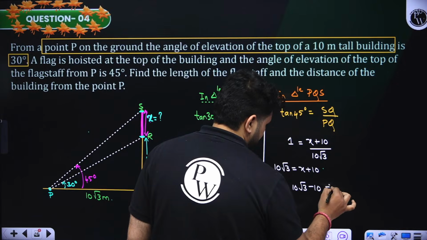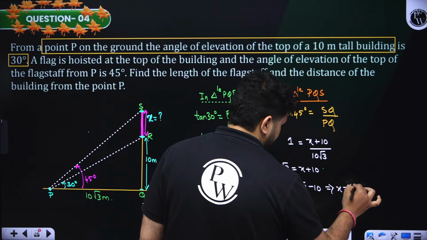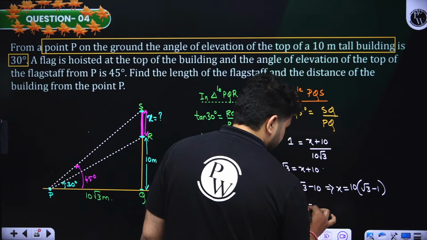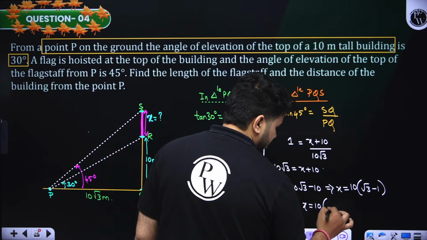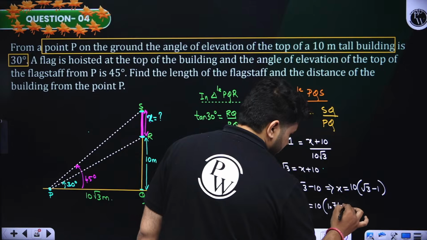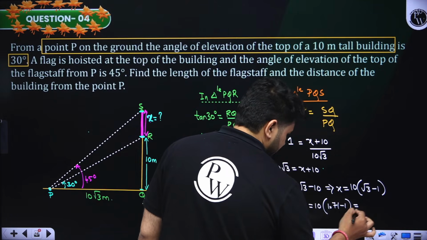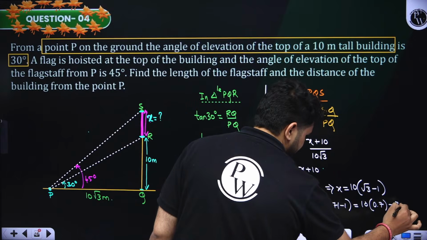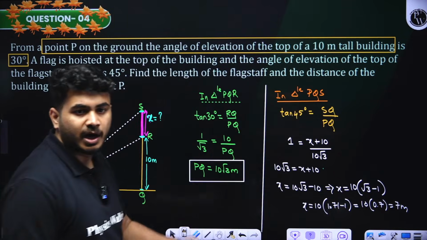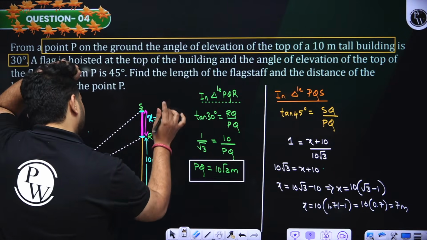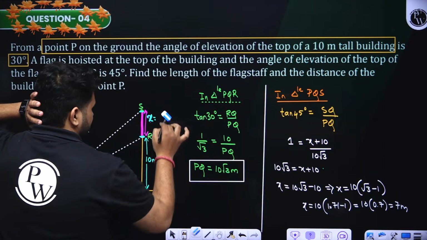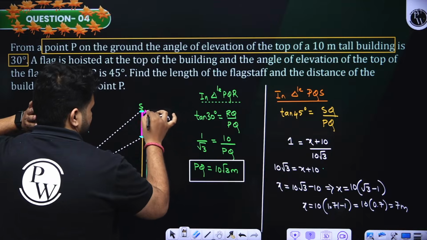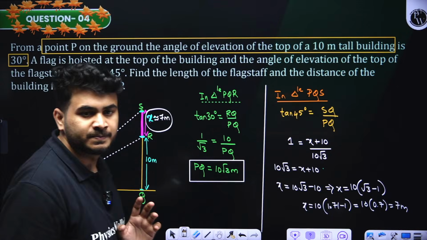Taking 10 common, x is equal to 10 into root 3 minus 1, that is 10 into 1.7 minus 1, which is 10 multiplied by 0.7, which is 7 meters. So the height of the flag pole is approximately 7 meters. Understood everyone?